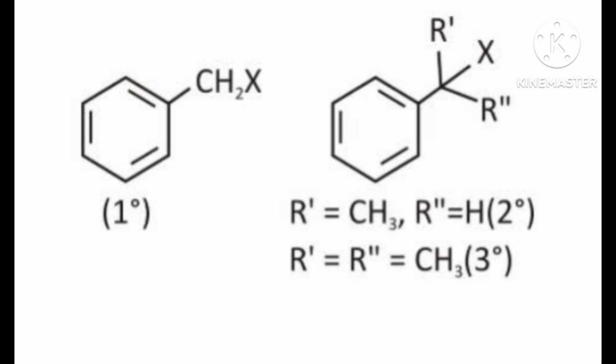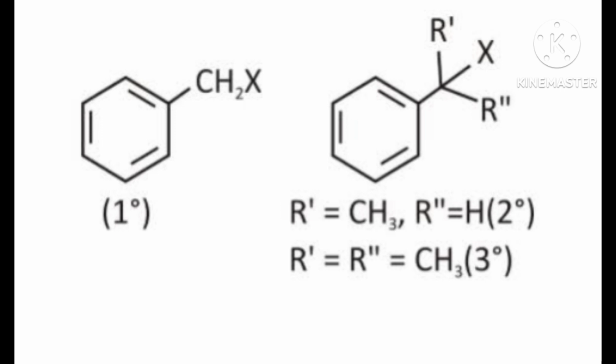Benzylic halide. Okay. Now here again, in this first case you can tell it is primary, if with this carbon 2 hydrogens are attached and 1 X is attached. Now suppose one more hydrogen is replaced with another alkyl group.